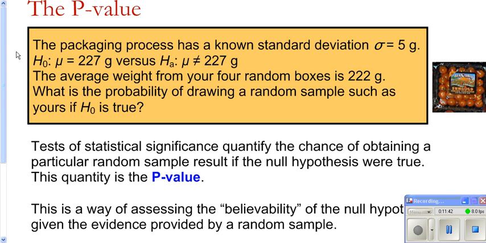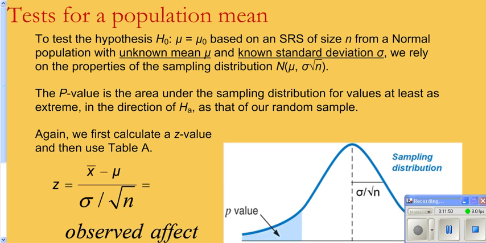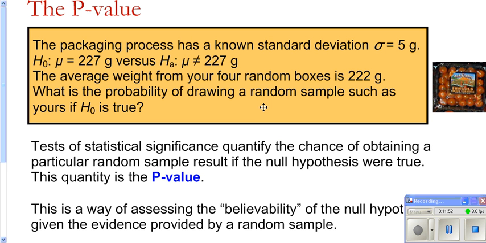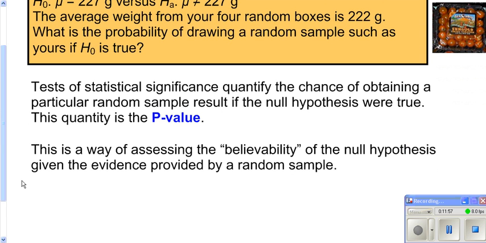So, let's go back to our tomato problem. When we carry out our test of significance with our z-score formula, we're going to end up finding an area underneath our standard normal curve. That'll be our p-value.